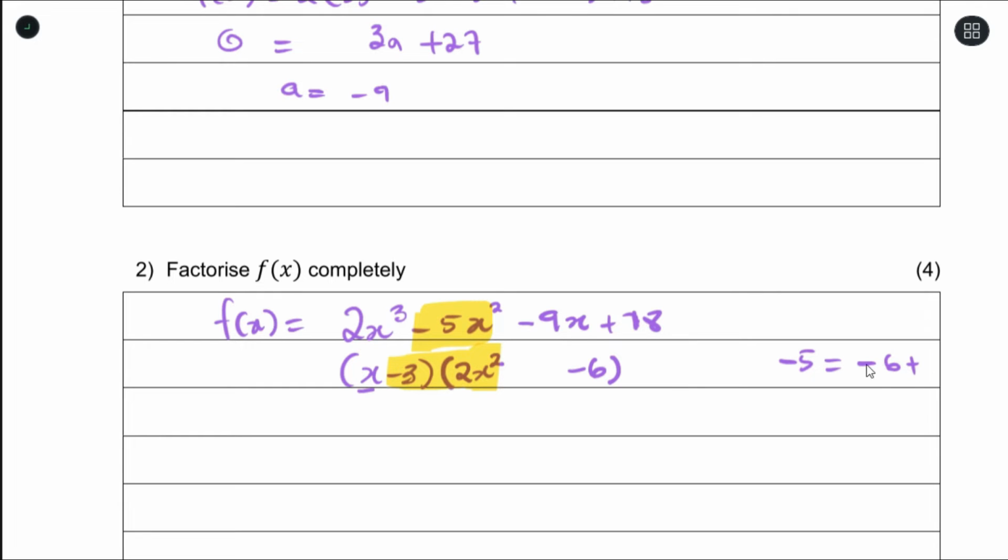Now we need a value that you add to −6 that gives you −5, and that happens to be 1. So this here will be +1x. Okay? So factorizing this a little bit again, this will be −3. This can be factorized into (2x − 3) and (x + 2). Yes, okay, that's it.